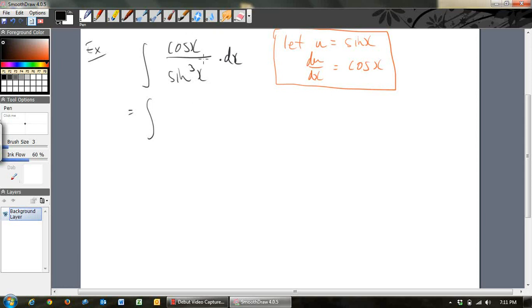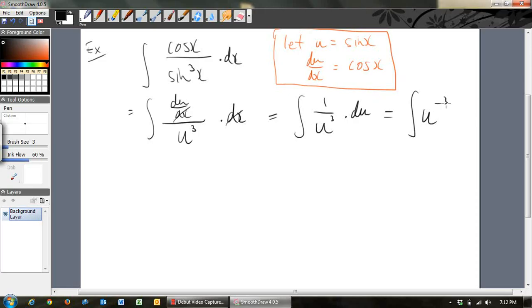So let's do this. Top line, cos x. Cos x is du dx. So we've got du dx on the top line. On the bottom line, we've got sine cubed x, which is u to the power of 3. And we've got dx. Now, that dx and that dx cancel, and so what we get is just 1 over u cubed du.